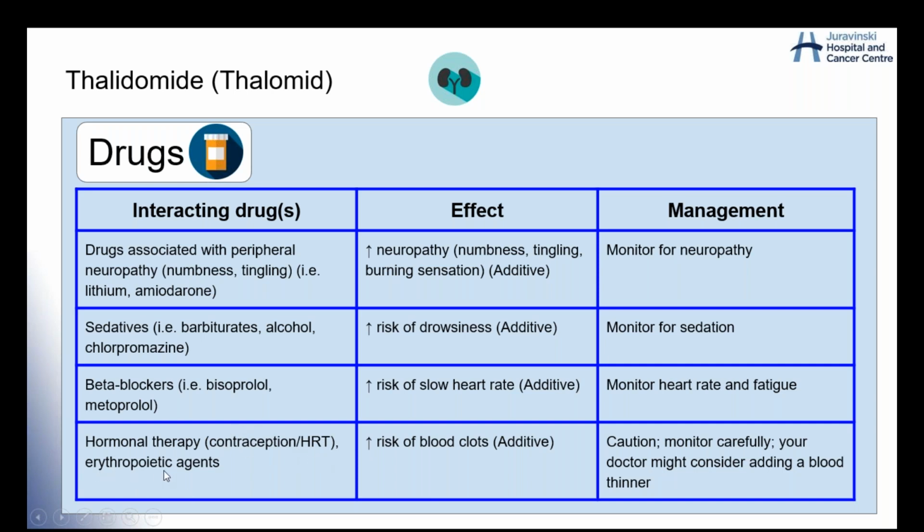Sometimes we're using an erythropoietin or a darbepoetin. These are agents that increase your hemoglobin, and your doctor might choose to add a blood thinner, which is fairly common with this class of medications, especially if the risk of these interacting medications cannot be mitigated by stopping them.